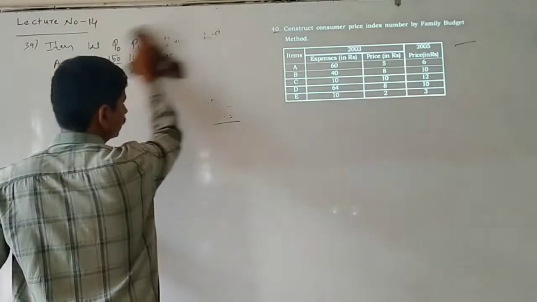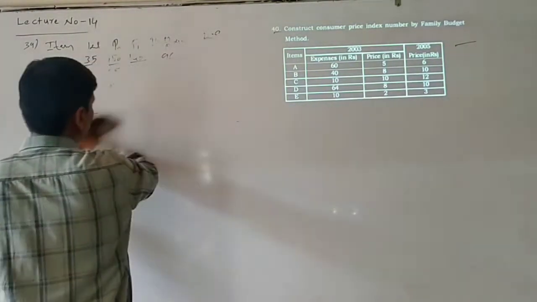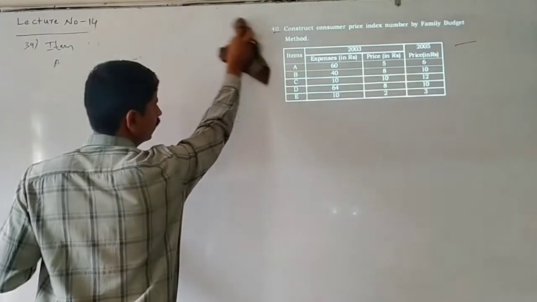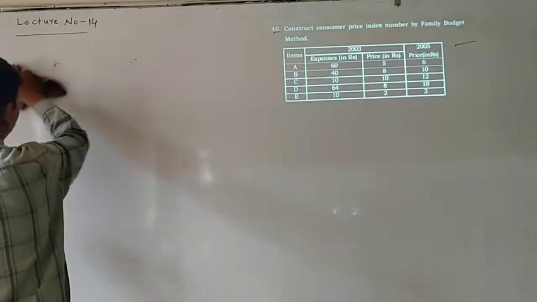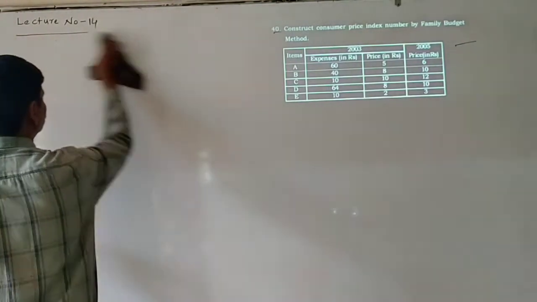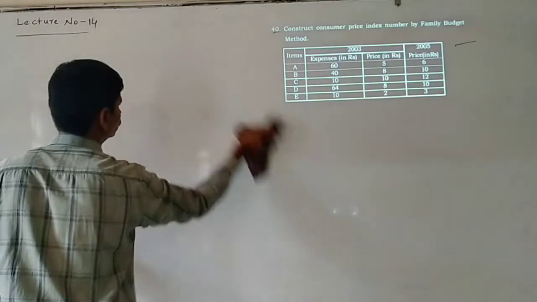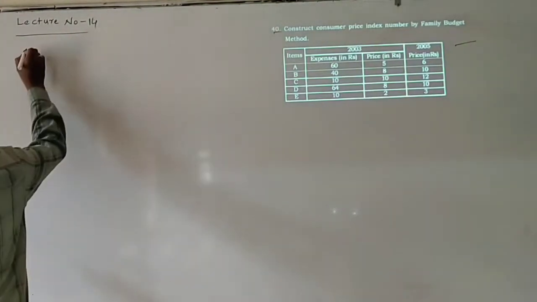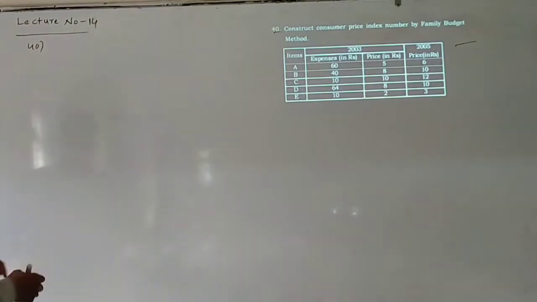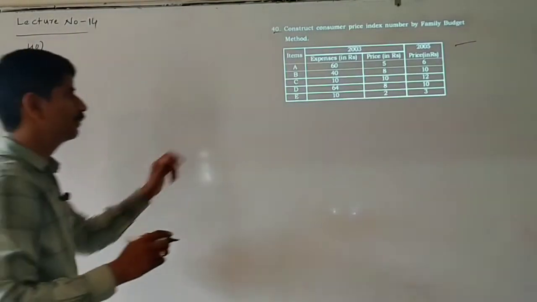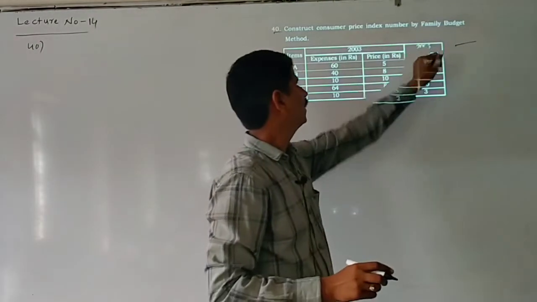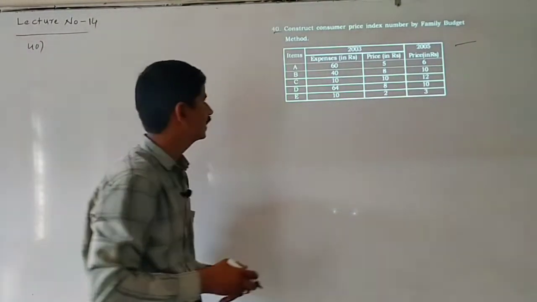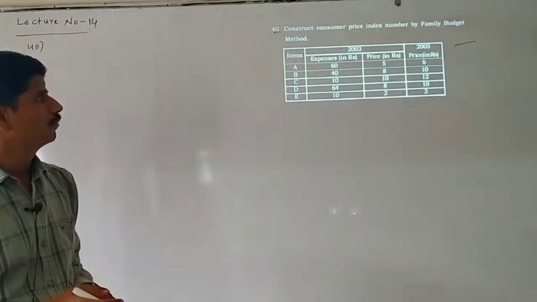Here they are given 2003 expenses, 2003 prices and 2005 prices. See here, 2003 is the base year and 2005 is the current year. Here they are asking to construct the consumer price index number by family budget method.